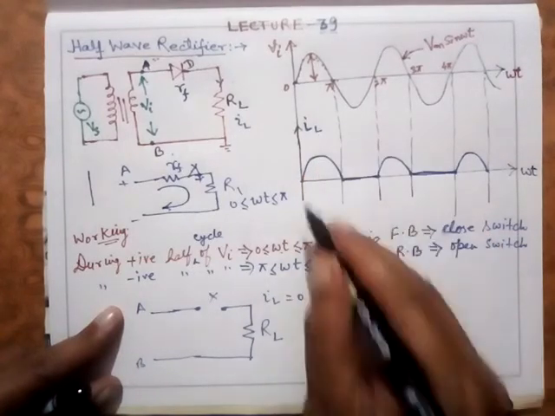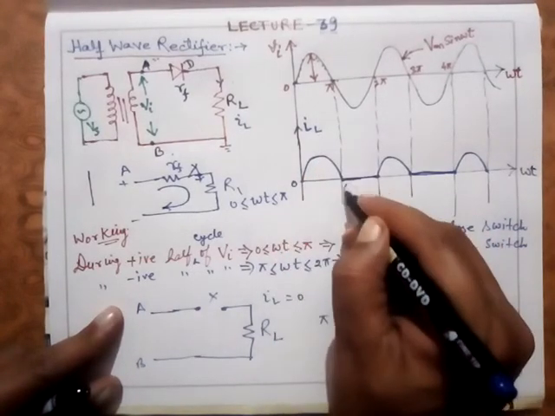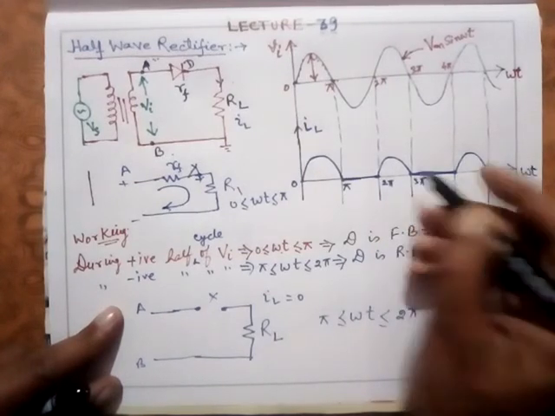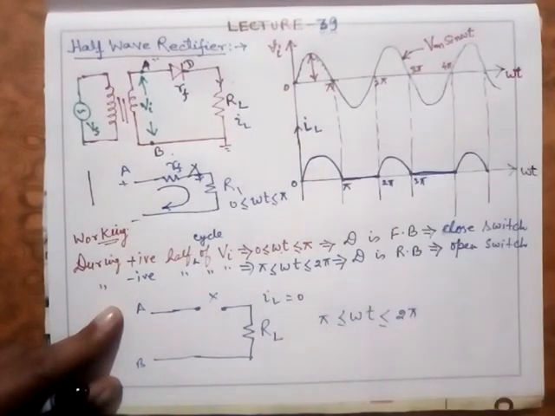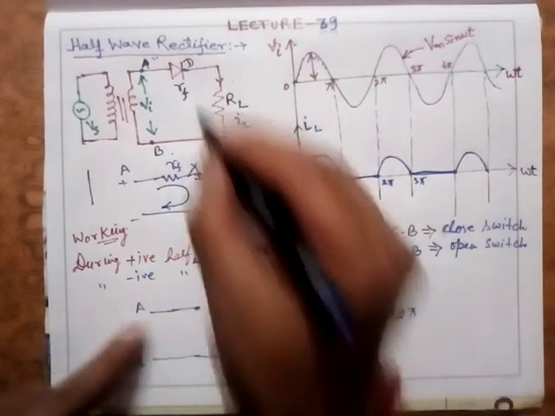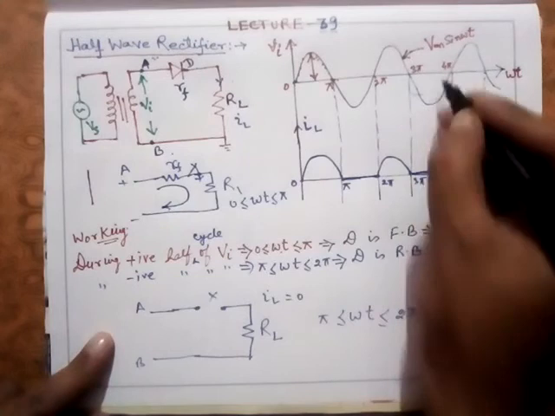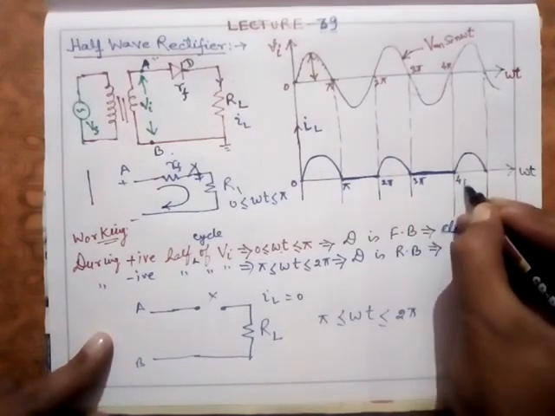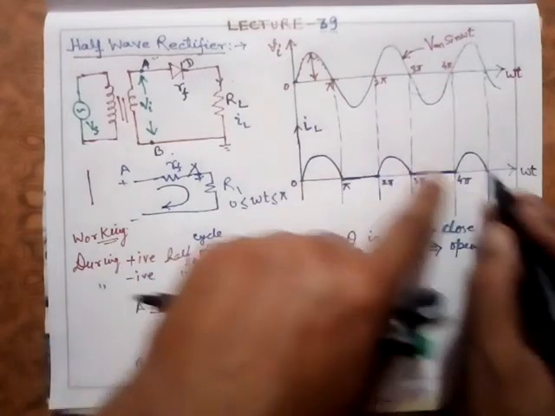Same as here: this is 0, pi, 2 pi, 3 pi. Same points have been dropped down here. Under this condition, this diode is reverse biased, so it is 0. During the negative half cycle, this is reverse biased, of course 4 pi, and so on. And this is the current which I obtain.